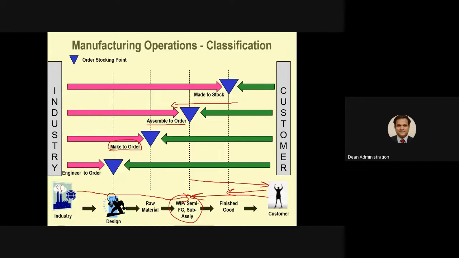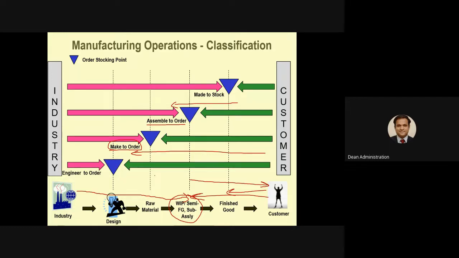Okay? Make to order is fundamentally different from assemble to order in terms of the level of customizability that you get. The customer now approaches at the stage of design.